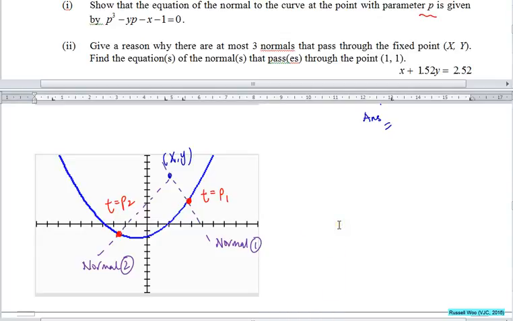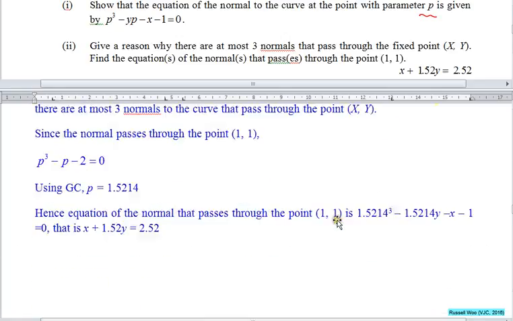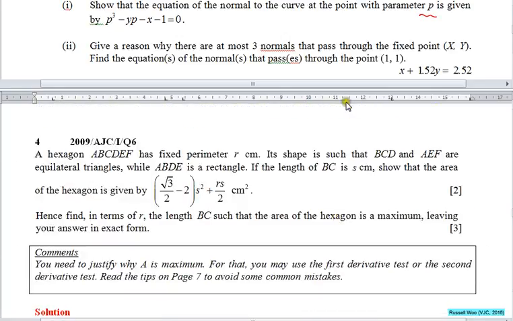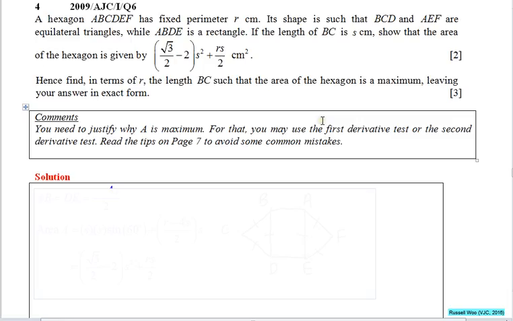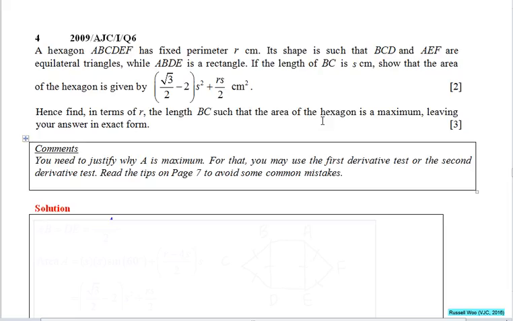Question 4. This is the type. Maxima, minima. Again, I say, for the past 5 years, it's always maxima, minima. First thing I want to say, can I appeal to all of us?